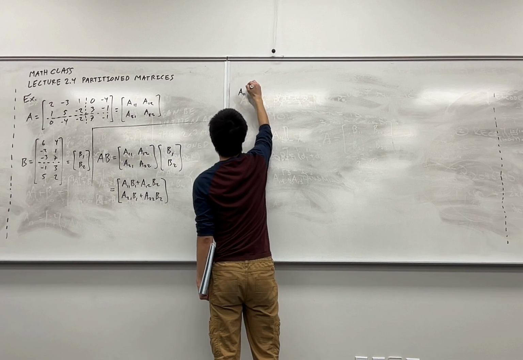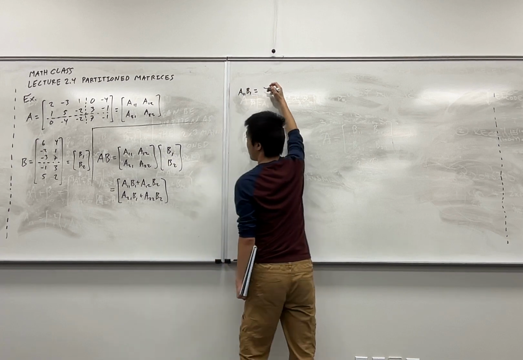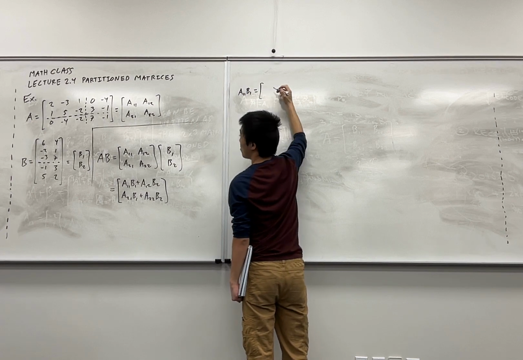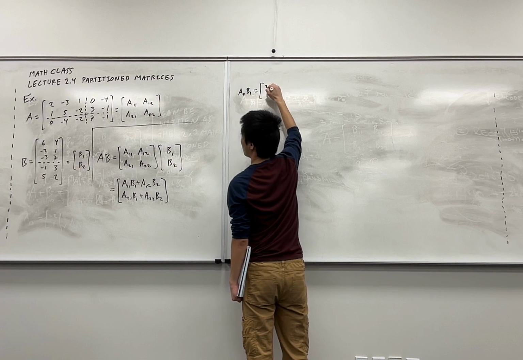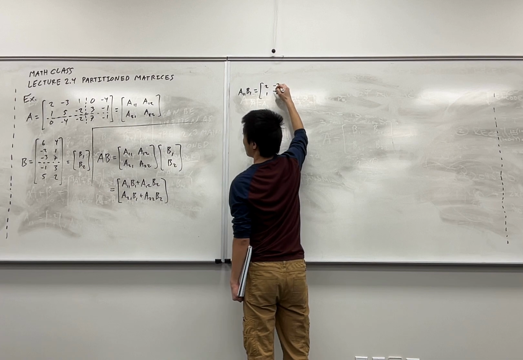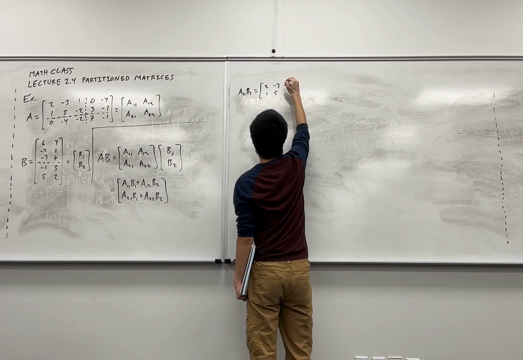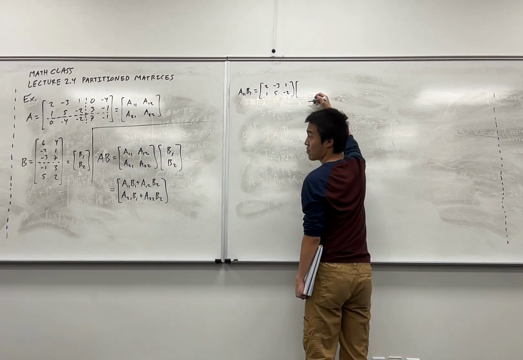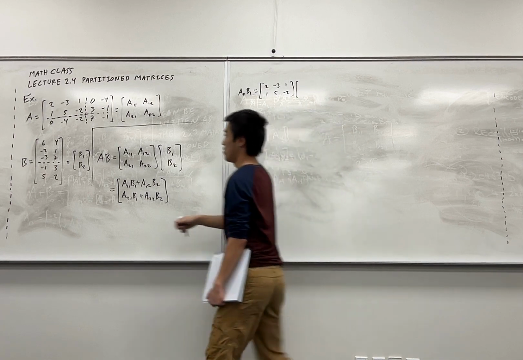Okay, so A11 B1. What is A11? 2, 1, -3, 5, 1, -2. And B1 is?